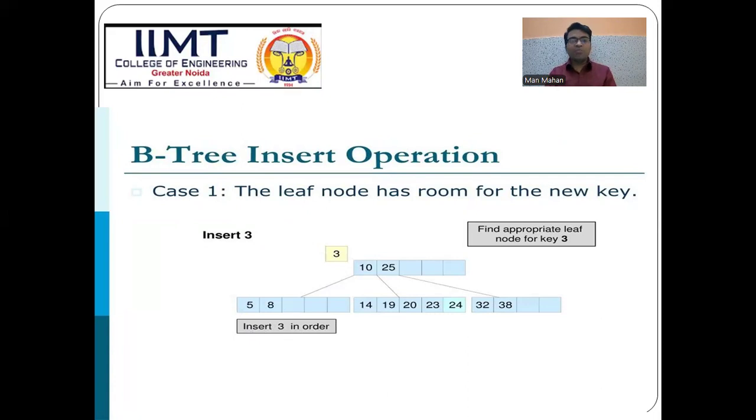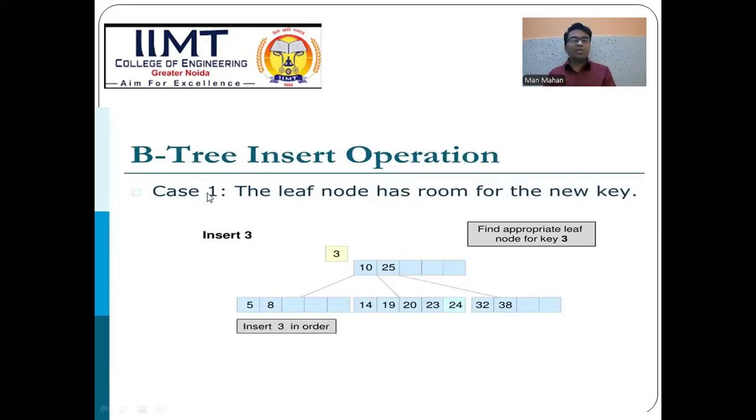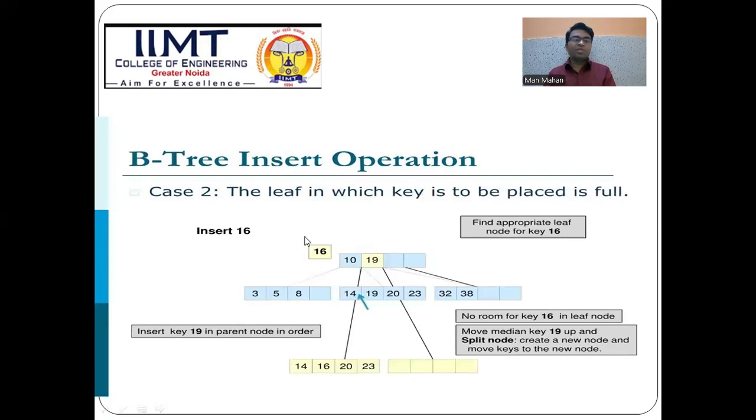This is another example, in addition to the previous one, for practice. In the previous slide we saw case 1, and next is case 2. In case 2, we insert the value 16.